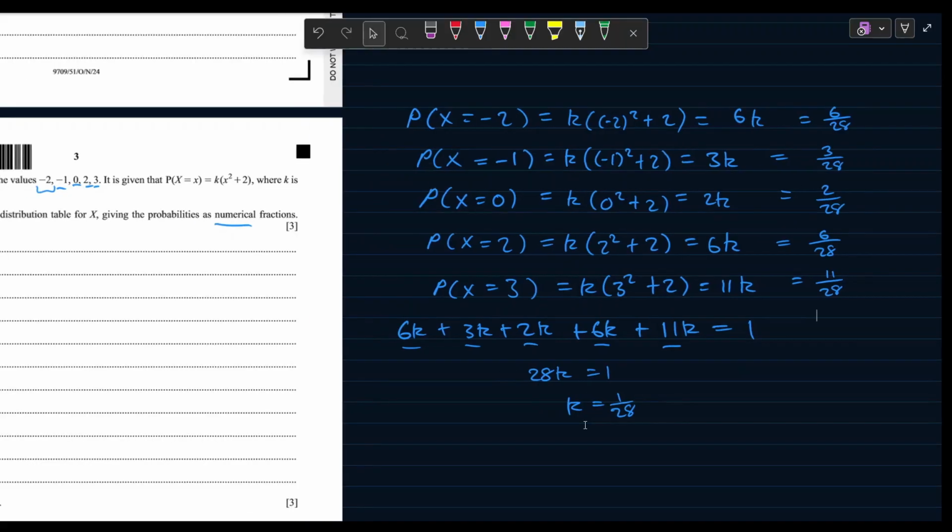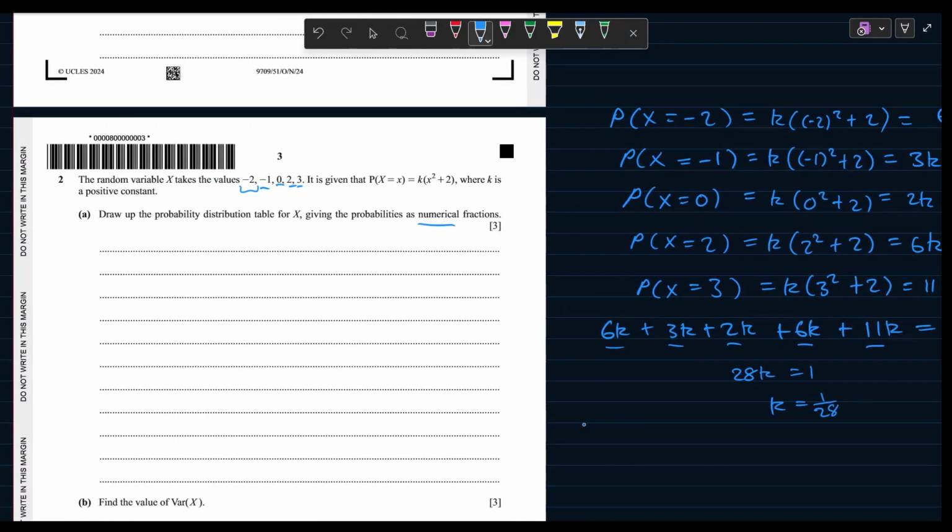All right, so we can now draw our probability distribution table for x. So that's our x values here, and then the probability that X is equal to x. The first value is -2, which has a probability of 6 over 28. The next value is -1, which has a probability of 3 over 28.